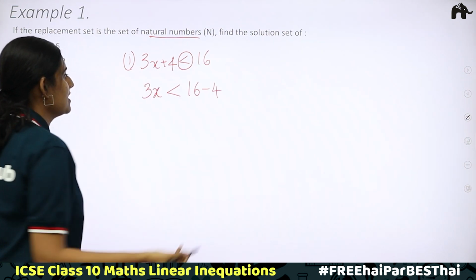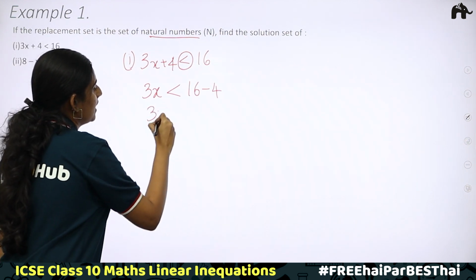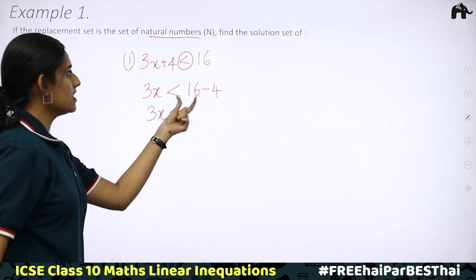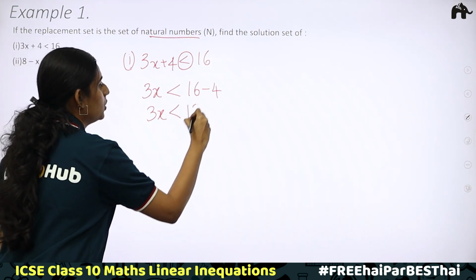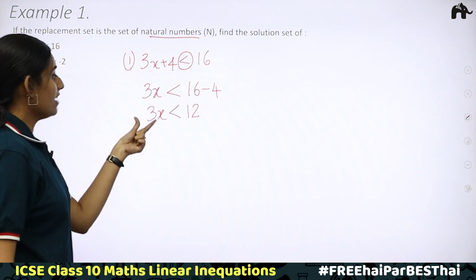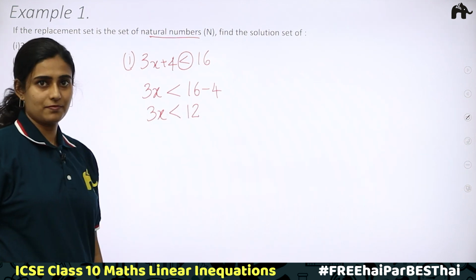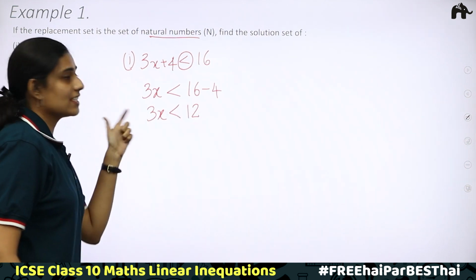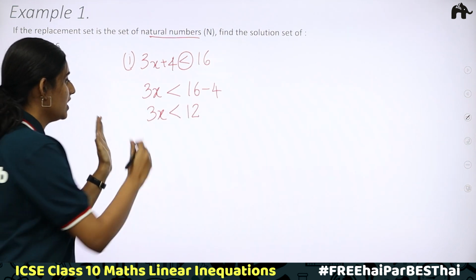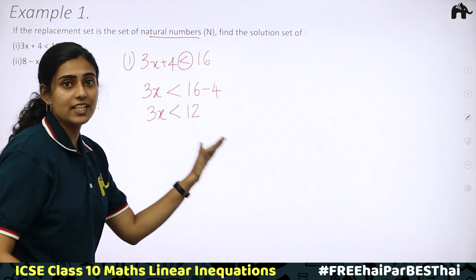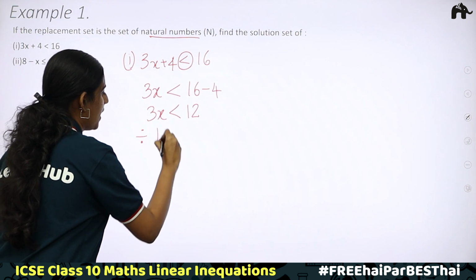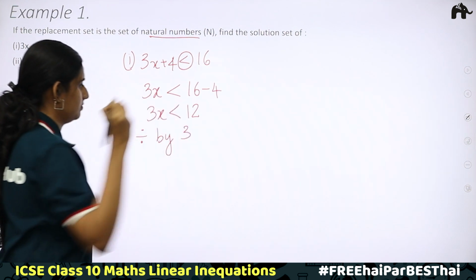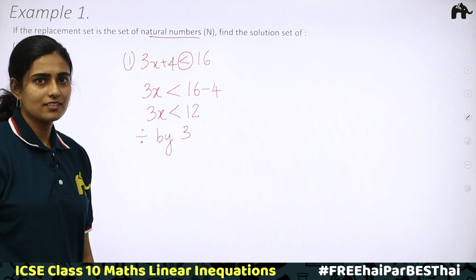Okay. Next step, 3x less than, what is 16 minus 4? 16 minus 4 is 12. We have 3x less than 12. To get x on the left hand side, we need to divide by 3 on both sides. 3 is a positive number.